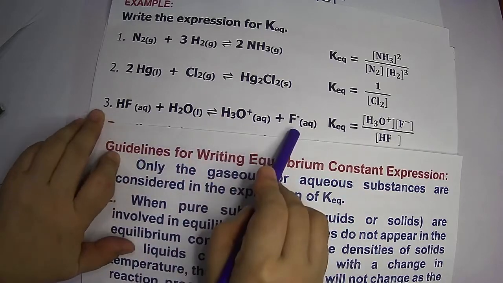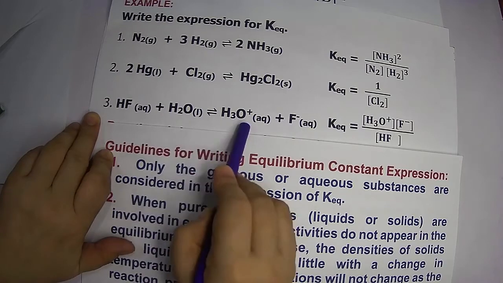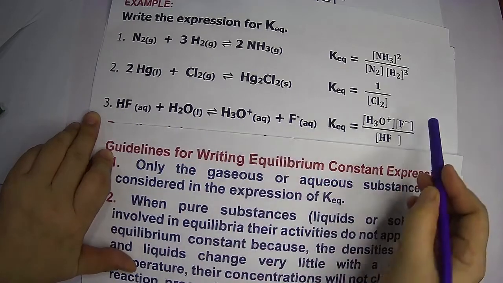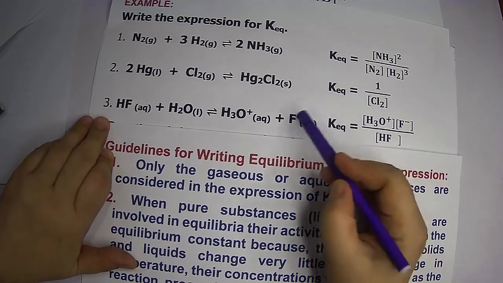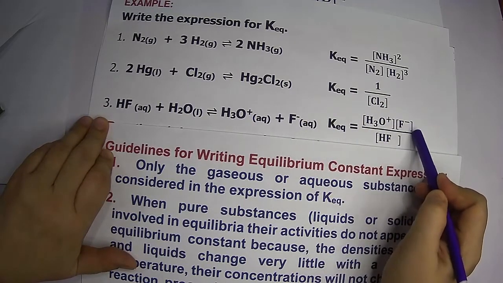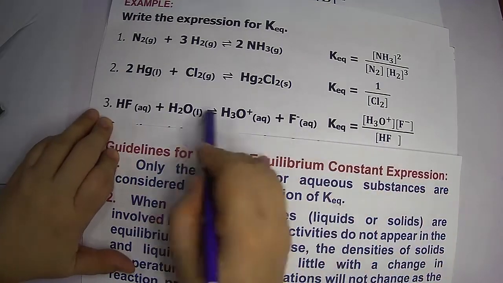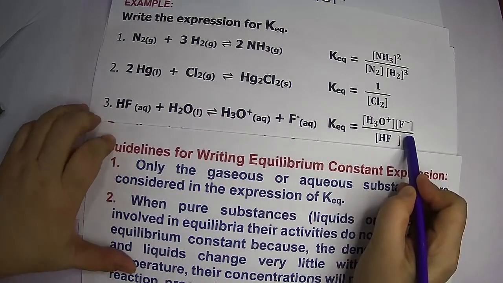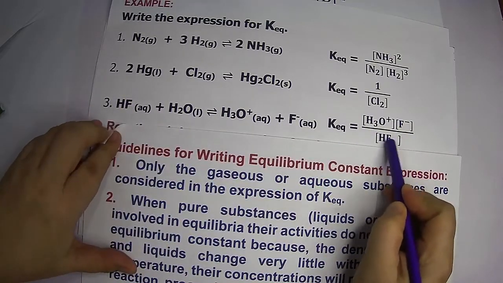We have a balanced equation here: 3 hydrogen, 1 oxygen, and the fluoride ion of the element fluorine is included. In the reactant part, water is not included because its activity is 1. Only the hydrofluoric acid is included here.